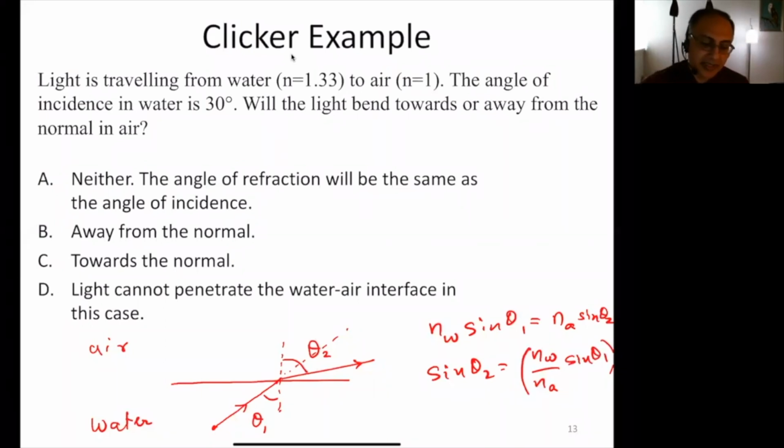And so n water over n air will be greater than 1. And so you can see that sine theta 2 will be greater than sine theta 1. That makes sense? And so if sine theta 2 is greater than sine theta 1, you know right away that theta 2 is greater than theta 1, because you know that in the first quadrant, sine theta and theta behave more or less the same way. If theta goes up, sine theta goes up. So if sine theta 2 is greater than sine theta 1, then theta 2 is greater than theta 1.